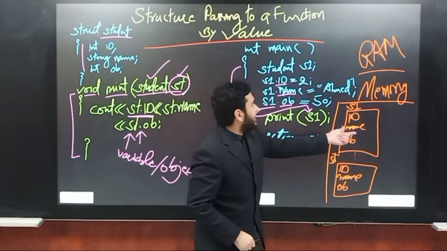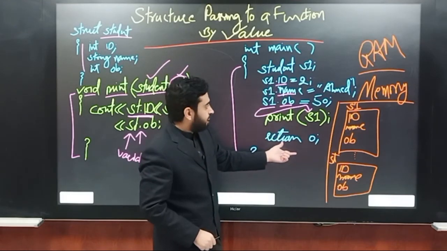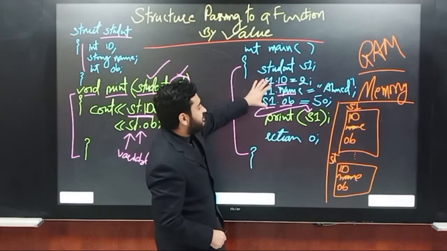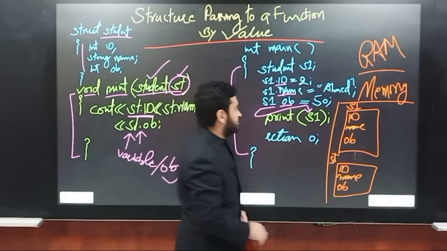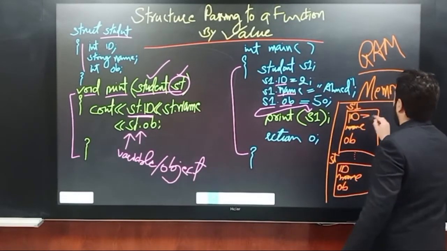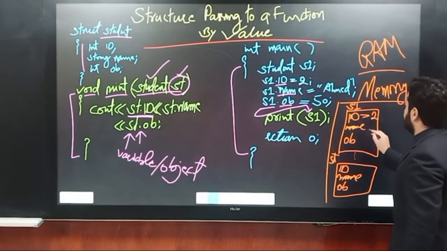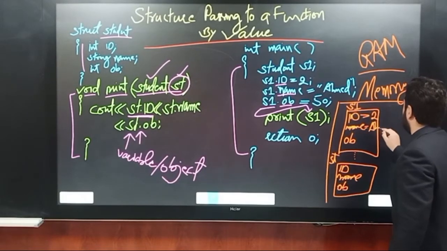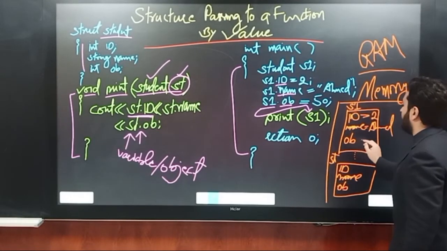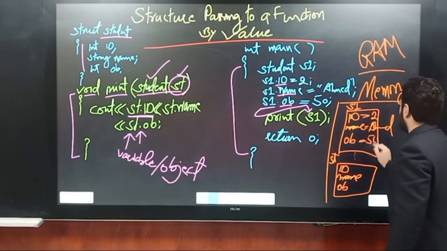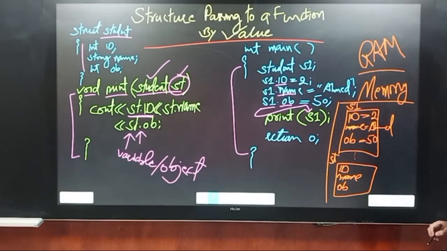So this S1 is defined in the main function, and in the main function we are going to assign the values. So it means that ID will be equal to 2, name will be equal to Ahmed, while OB is assigned 50.